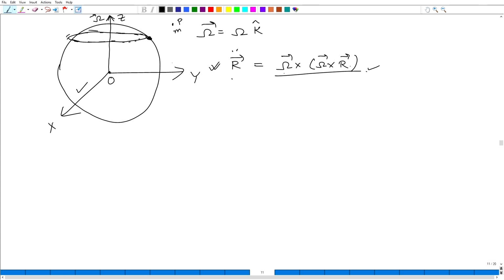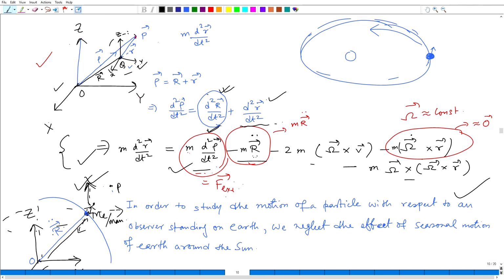The earth can be considered to be a point mass concentrated at its center, capital M. If you take this point to point gravitational interaction law of Newton, then F external will be exactly equal to minus G capital M small m by rho cube times rho unit vector. That much you can know.